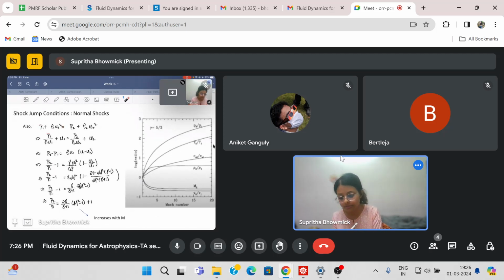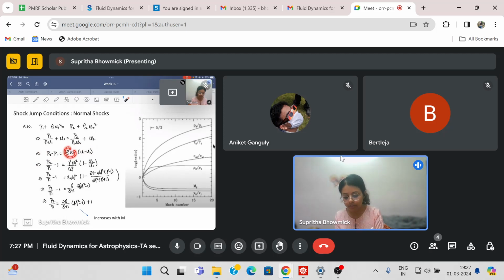We repeat the trick. We divide the left hand side with rho 1 u1, the right hand side with rho 2 u2, both being the same, and we get this. Rearranging, the difference in the pressure post-shock and pre-shock turns out to be this. We divide both sides with P1 to get this.